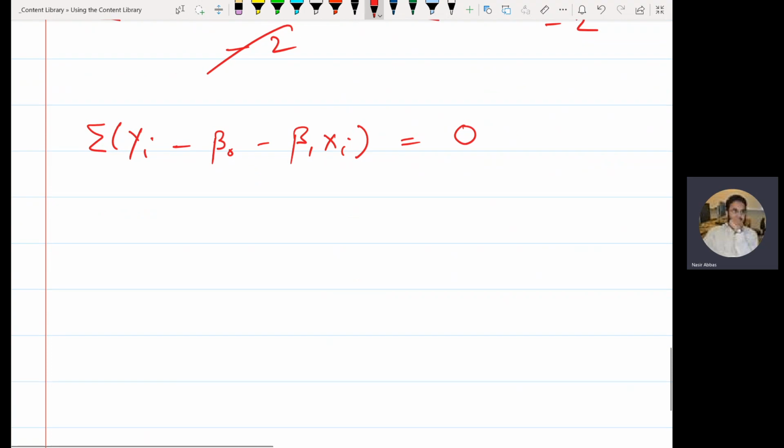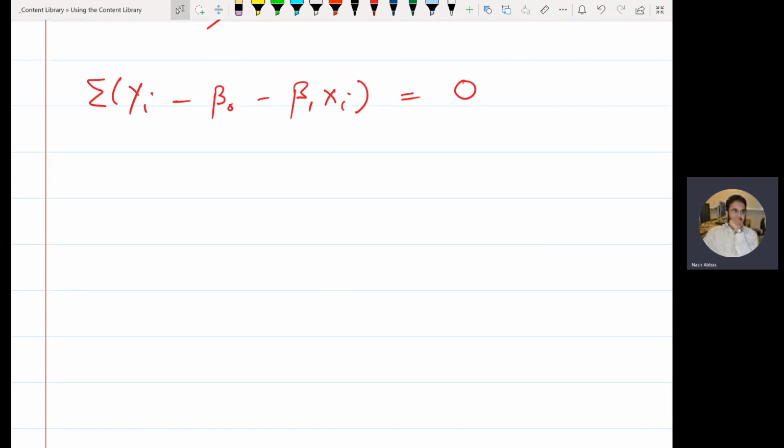And now if I apply the summation inside, yi, is it a constant or a variable? Variable. Apply the summation the way you used to apply. Beta naught, is it a variable or a constant? Constant. N beta naught.